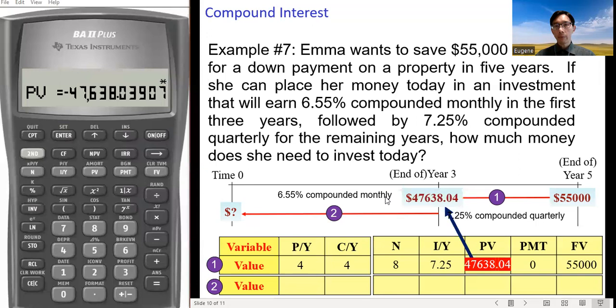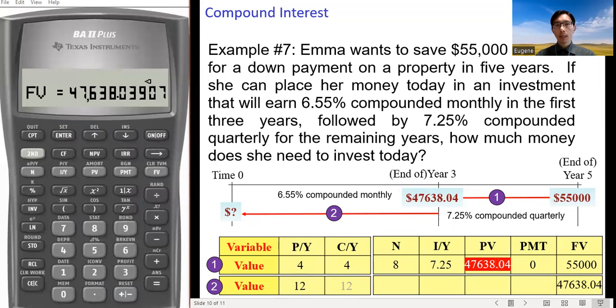So this amount that we have computed is the future value in this second time segment. So key in this number as FV, and get rid of the negative sign by pressing the plus or minus button. This is the value for FV. And then the other variables.